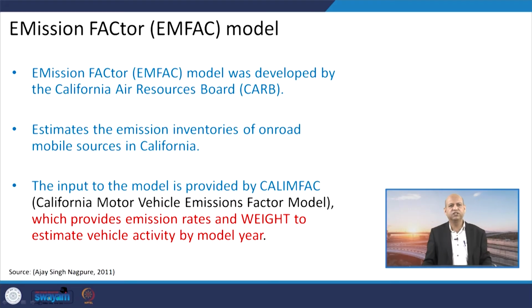So, this is basically used again for on-road mobile sources, and the input values are provided by EMFAC, the California Motor Vehicle Emissions Factors model. This model is developed by the California Air Resources Board. So, in California this is the model which is used rather than other available models.